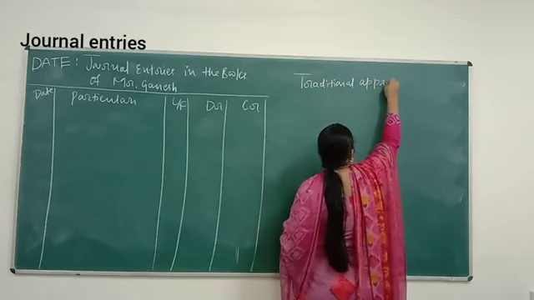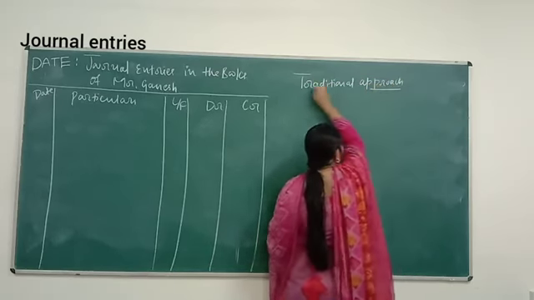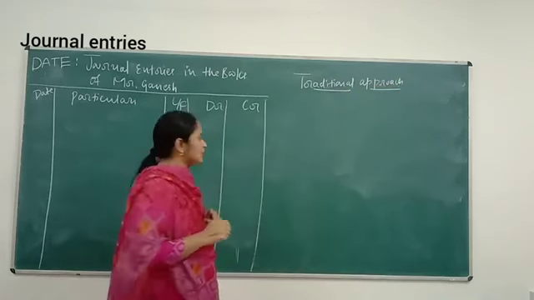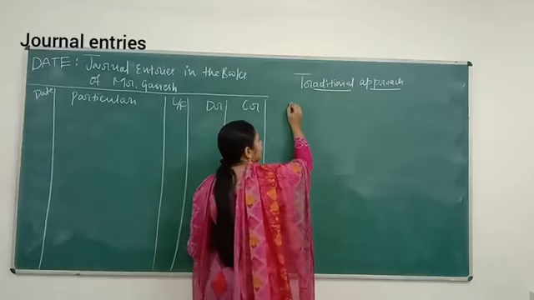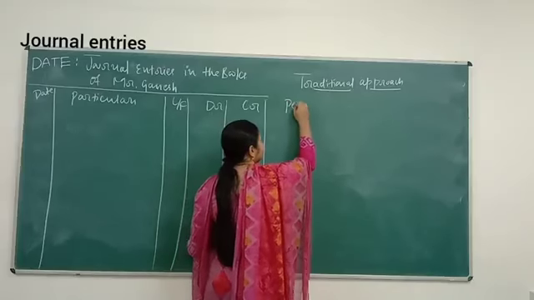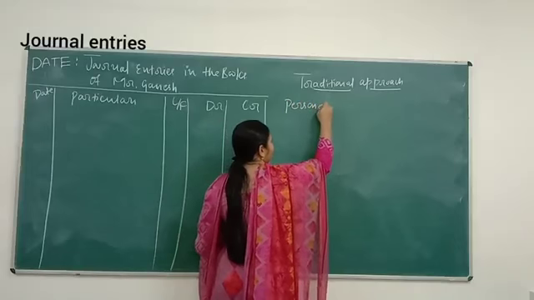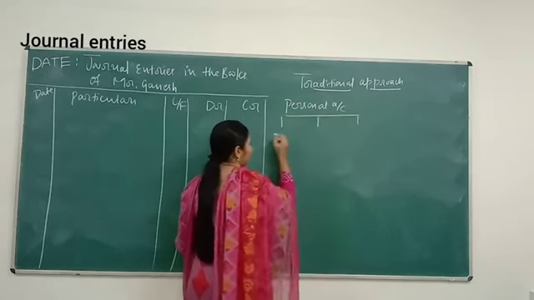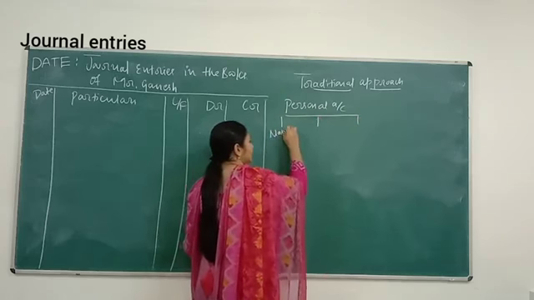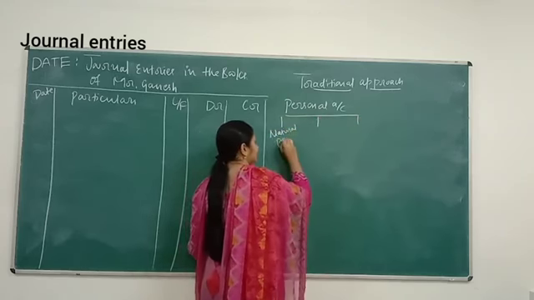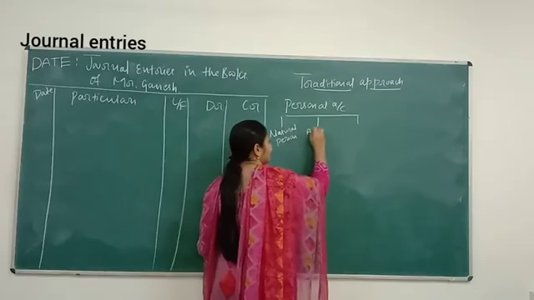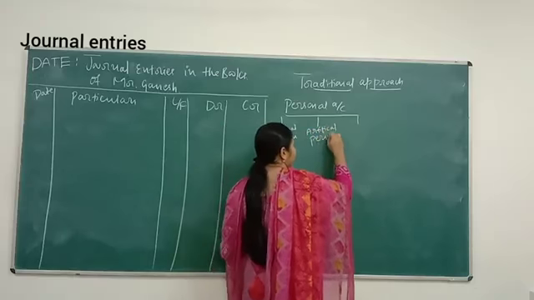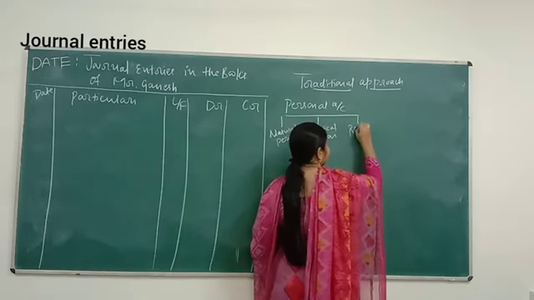In the traditional approach, there are three golden rules of accounts. When it is related to a person, you follow the personal account rule, whether a natural person, artificial person, or representative person.